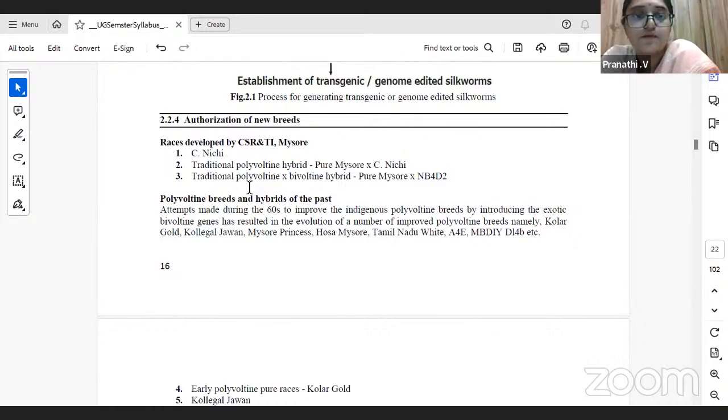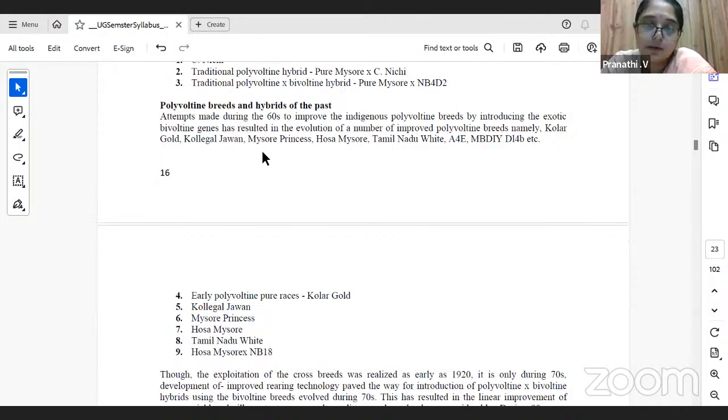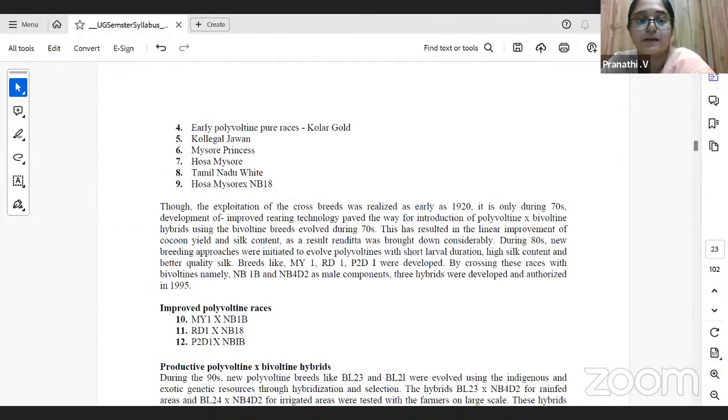So many types of polyvoltine breeds and hybrids of the past were tried, so that your polyvoltine breeds are improved. Because of which you have a lot of improvement in the polyvoltine breeds as of now, with the production of Kolar Gold, Kollegal Jawan, Mysore Princess, Hosa Mysore. All of these are different kinds of polyvoltine breeds that are present.